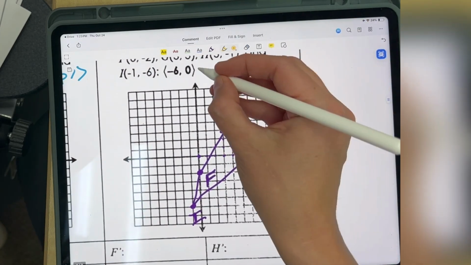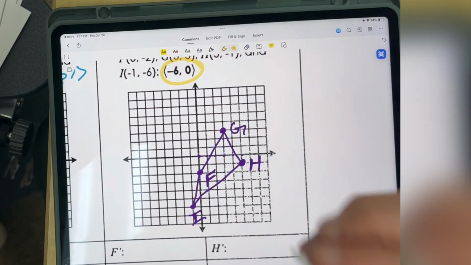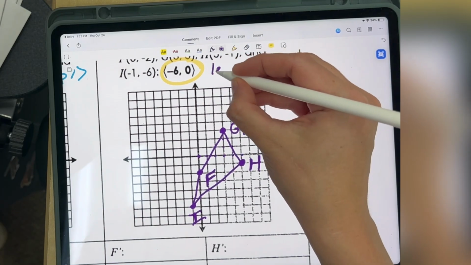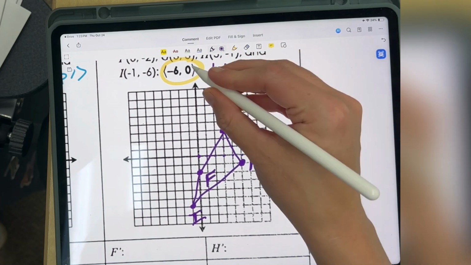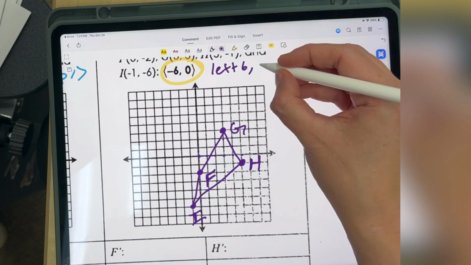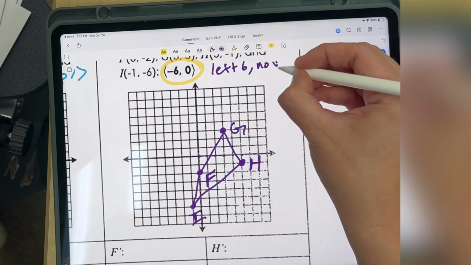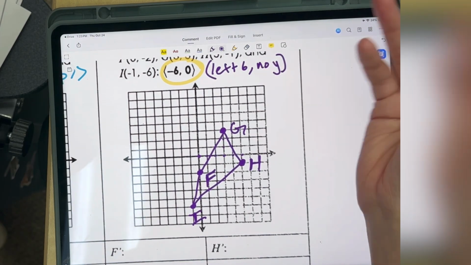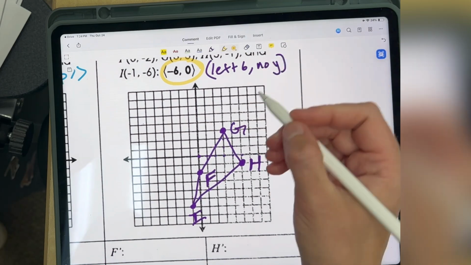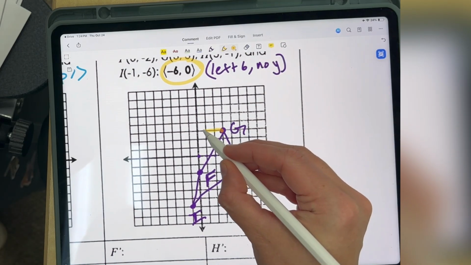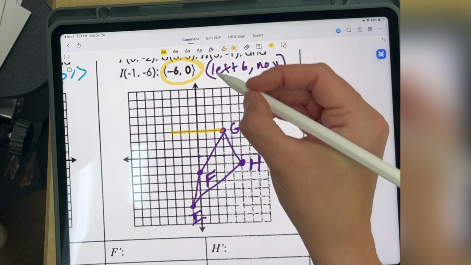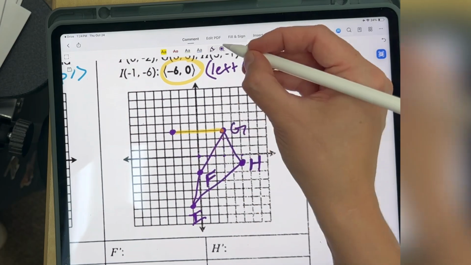Okay, all the instructions say to do what? Negative 6 means go left 6, and then the 0 means don't do anything. So no up, no down. So all we have to do is take each point and go 1, 2, 3, 4, 5, 6. There's our G. Let's do a different color.